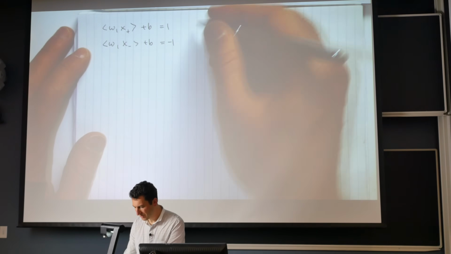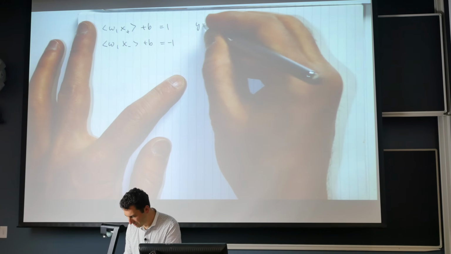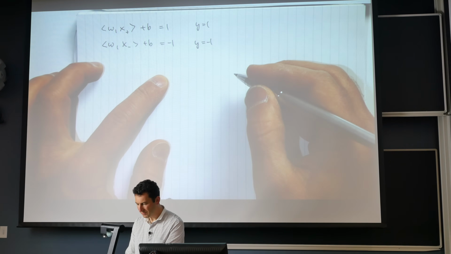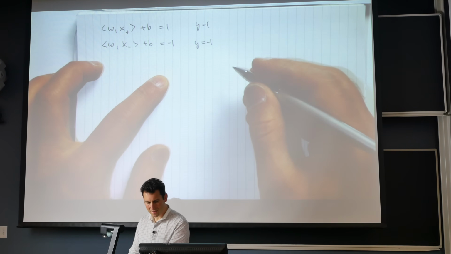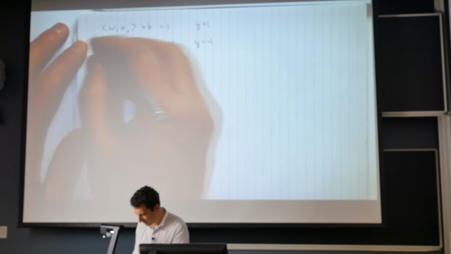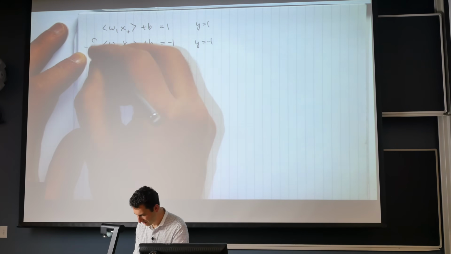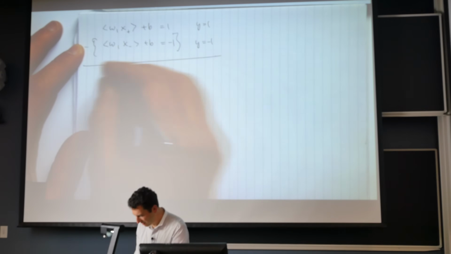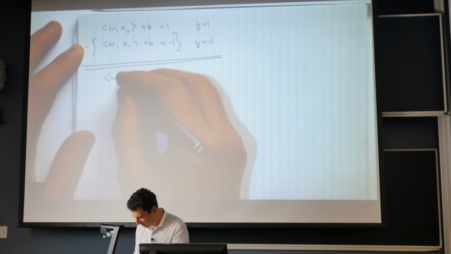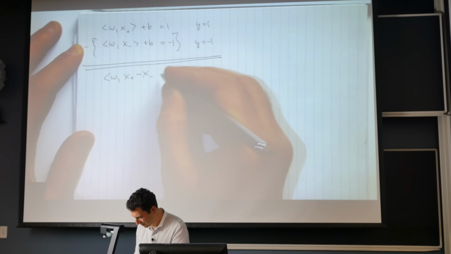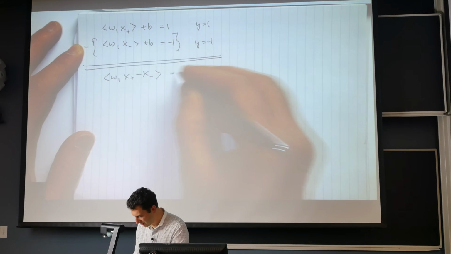That has to hold for some y = 1 and y = -1. If that's the case, then I can just take the difference, this expression minus that entire expression, and that of course gives me w·(x+ - x-) = 2.